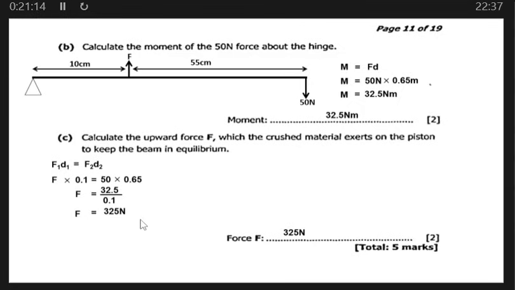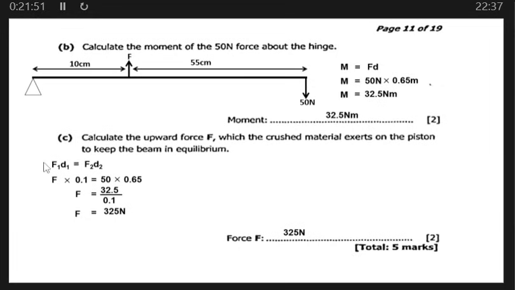So here what you should understand is that this force causes this object to move in an anti-clockwise direction, whilst this force pointing downward causes this beam to move in the clockwise direction. Now, if the two are in equilibrium, the anti-clockwise moment or the reverse rotation must be equal to the clockwise moment or the forward rotation.